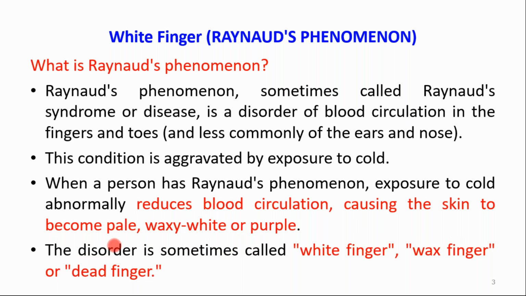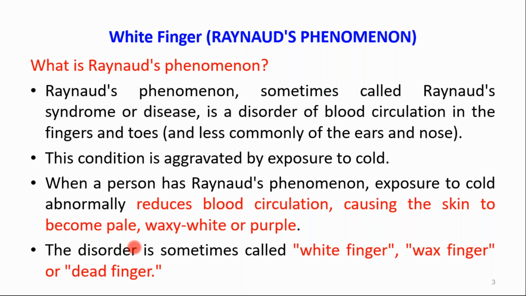So the skin color may change. But the main effect is that it reduces the blood circulation in that part, because that part or those fingers are exposed to the cold.